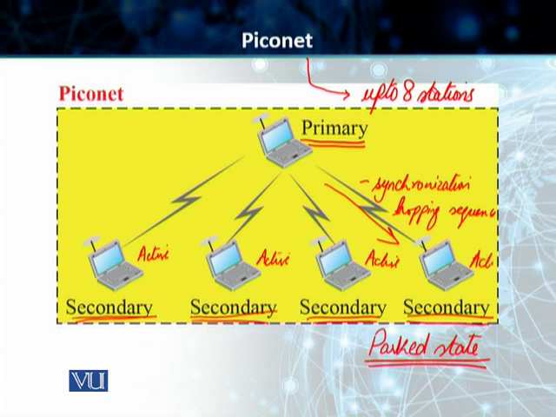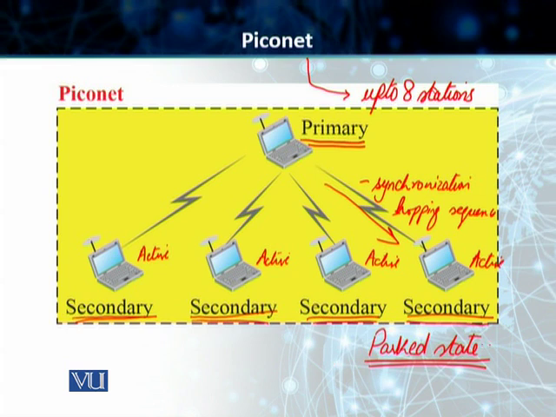All of these are active. So at one single time, you can have a max of 7 active secondary Bluetooth devices talking to your primary Bluetooth device. The rest of the secondaries, which are in park state, they are actually synchronized with the primary, but they are not in the active state, and therefore they cannot take part in the communication.